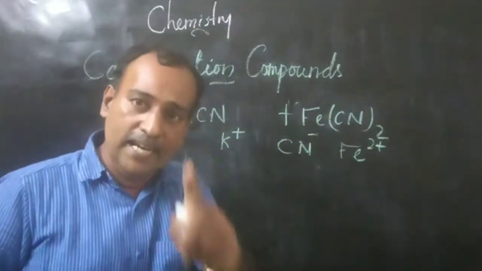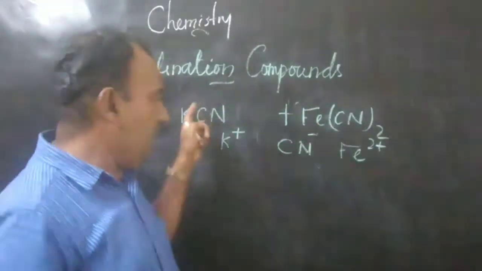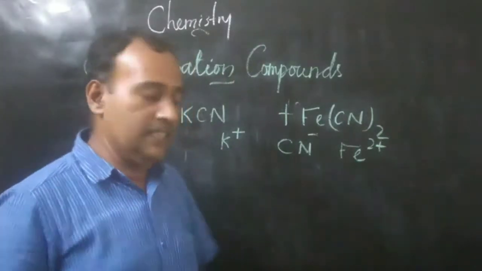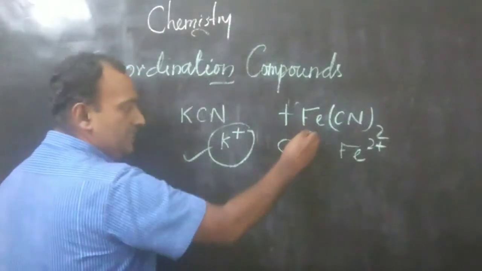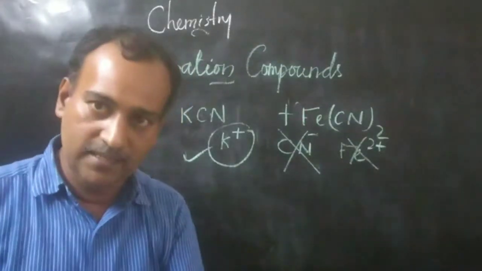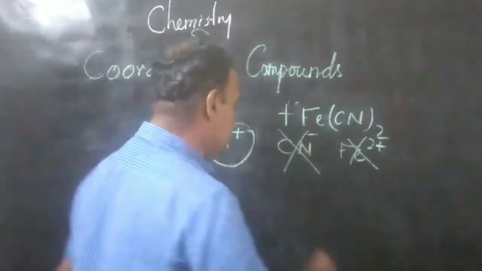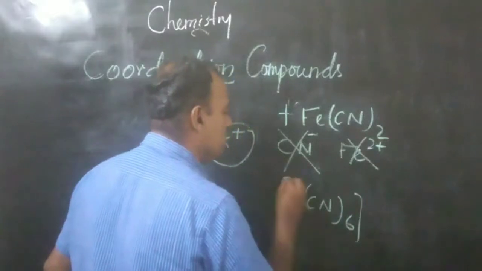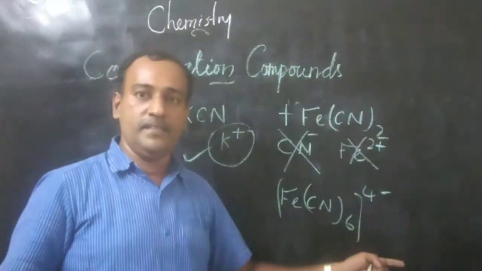But when we analyze the solution of this molecular or addition compound of these two simple salts, it produces the result of K+. But it is not giving the result of CN- and Fe2+. Instead, it produces a new ion, that is [Fe(CN)6]4-.